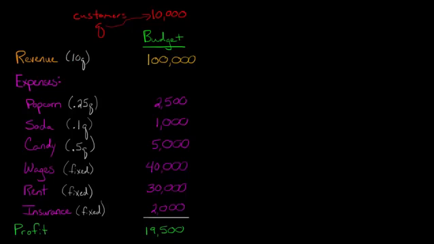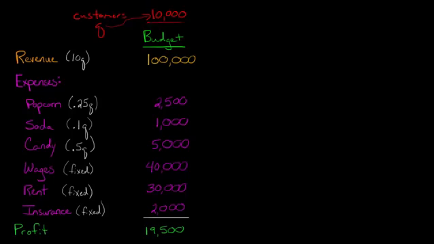Now, in reality, most movie theaters would sell popcorn and soda separately, so you have different revenue streams from concessions and from ticket sales. But let's just say at this movie theater it's $10 for every customer who comes in, including the popcorn, everything. We're just going to make it a really simple example.